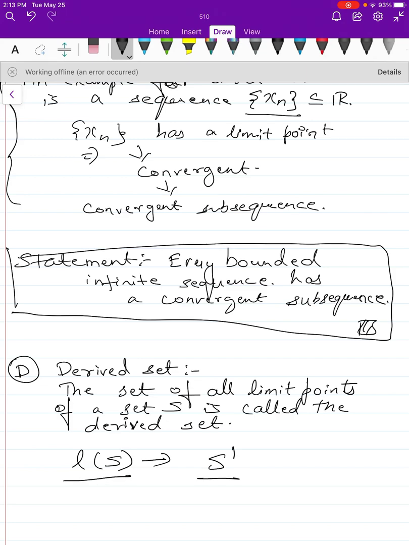You can use any of the notations, but basically I use S prime to denote S complement, so I prefer using L of S. That makes things a little easier, so this is the notation that I will be using. You can use S prime too. Let us now go through some examples of limit points.